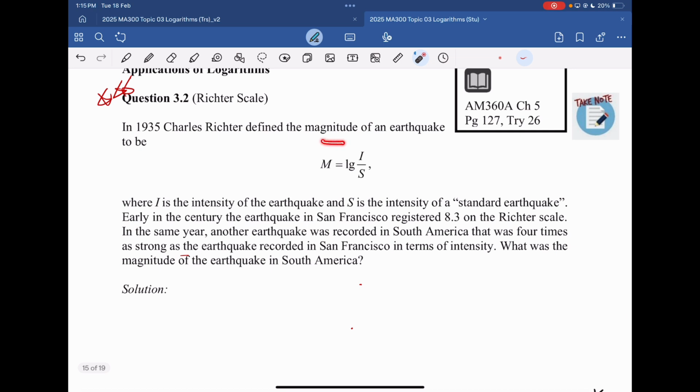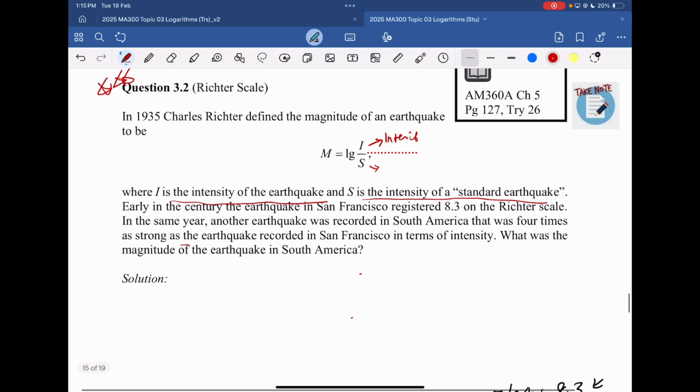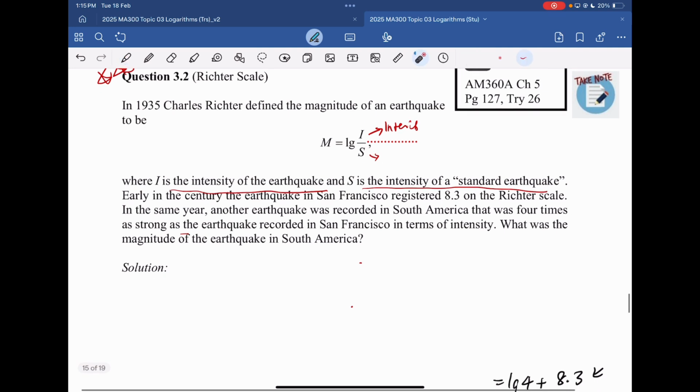Magnitude. Now M is log I over S. I is intensity. S is the intensity of a standard earthquake. Now this question you go and do it many times. Earlier in the century, the earthquake in San Francisco registered 8.3.